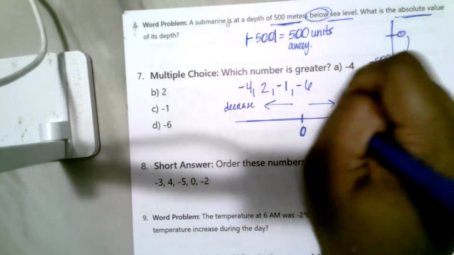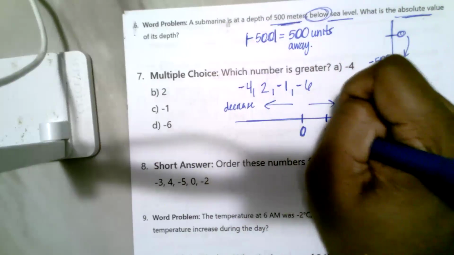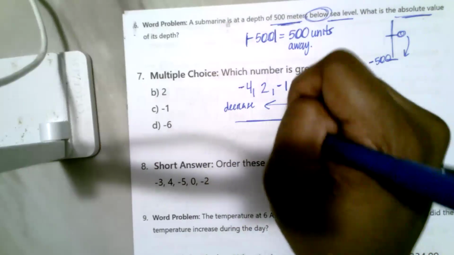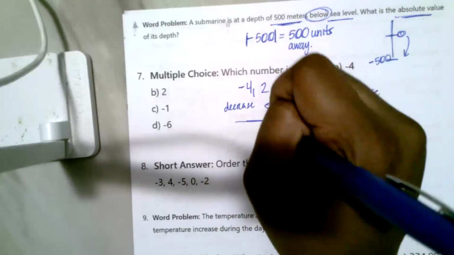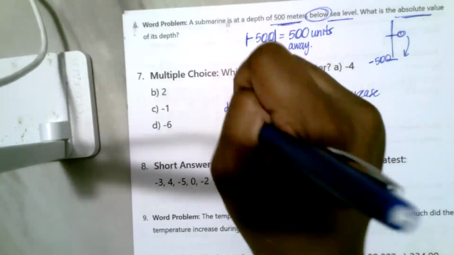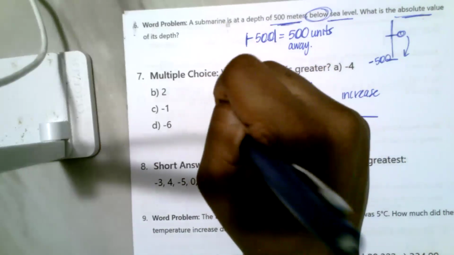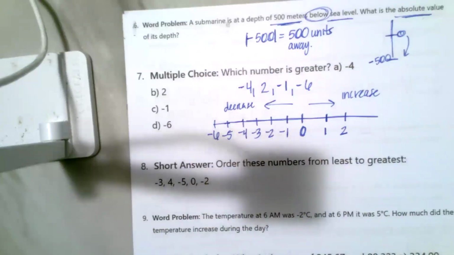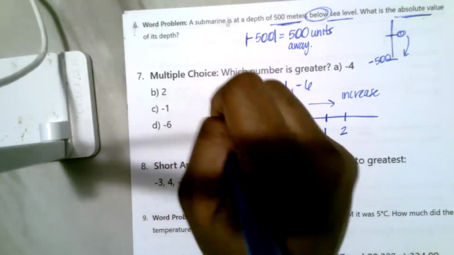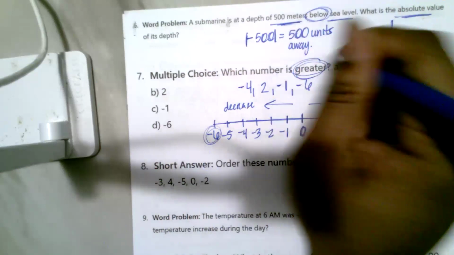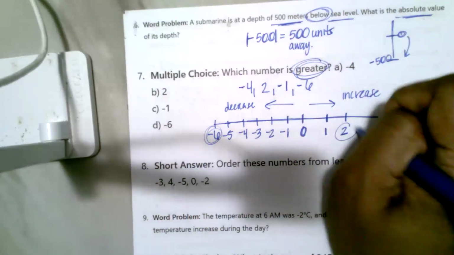So if this is 0, this is 1, this is 2, this is negative 1, negative 2, negative 3, negative 4, negative 5, negative 6. The lowest number is negative 6 because it's the furthest to the left, but it's asking which number is greater. So the greatest number is positive 2.